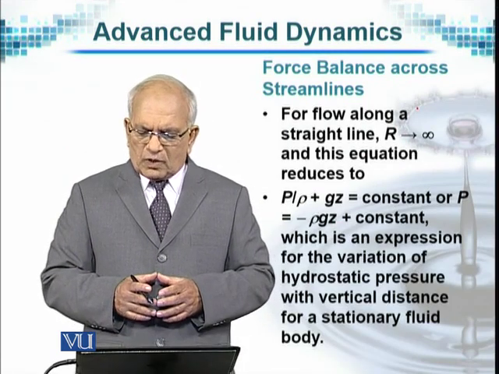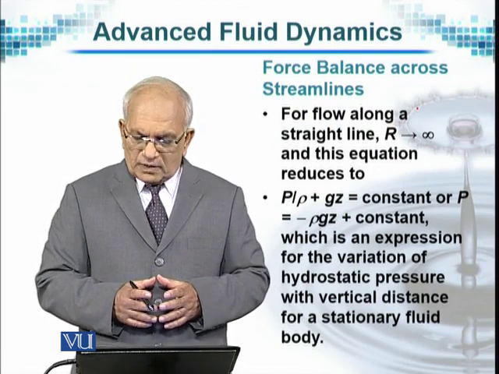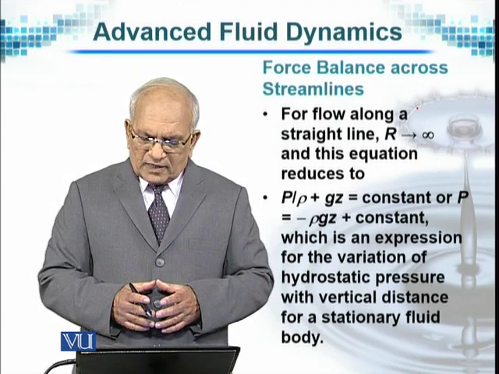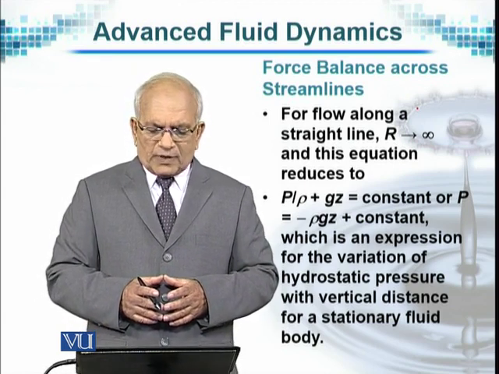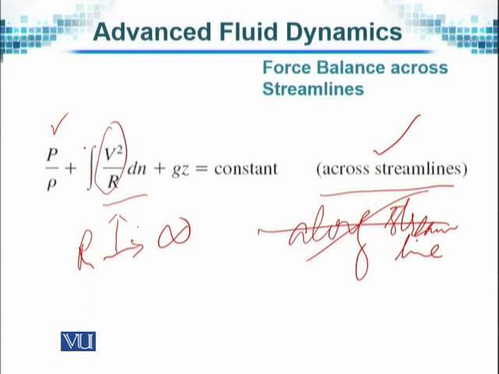For flow along a straight line, R tends to be infinity, and therefore that term reduces to 0, because as r will tend to infinity, this term will reduce to 0, and the only non-zero term that we are left with is p over rho plus gz.